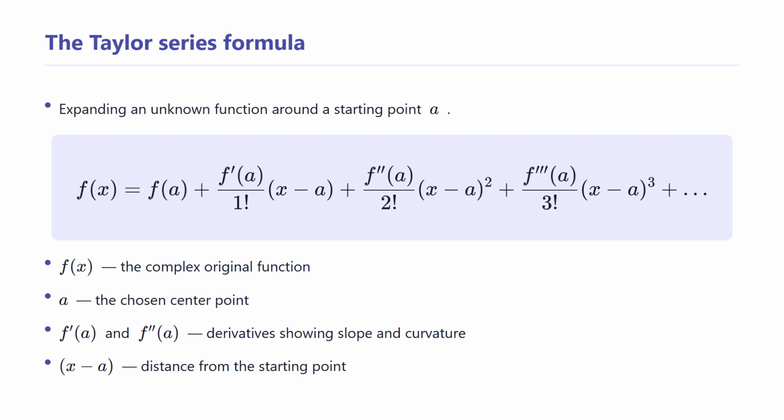The derivatives, f prime and f double prime, tell us the slope and the curvature. The exclamation mark represents a factorial, which naturally appears from the calculus rules of integrating polynomials. Finally, the x minus a terms measure how far away we are moving from our safe starting point. As this distance increases, we need more terms to keep the approximation accurate.